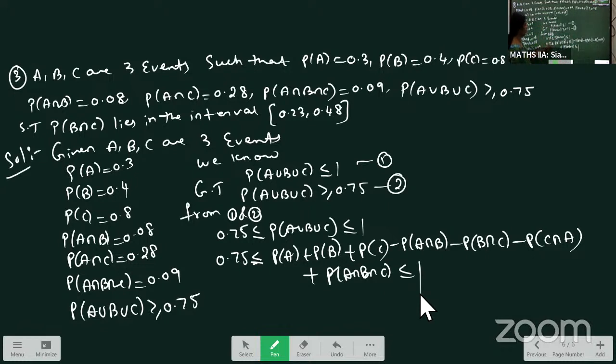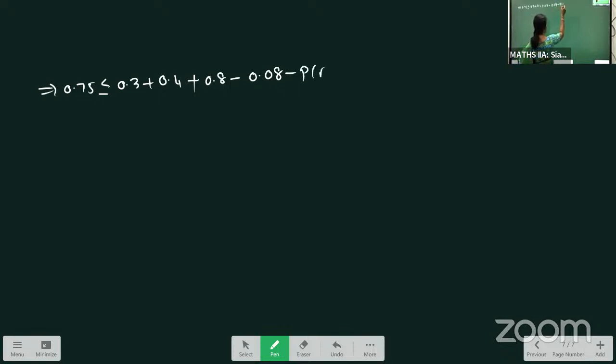All values we have, so substitute. 0.75 less than or equal to P of A 0.3 plus P of B 0.4 plus P of C 0.8 minus P of A intersection B 0.08 minus P of B intersection C. We don't know, so write P of B intersection C as it is.